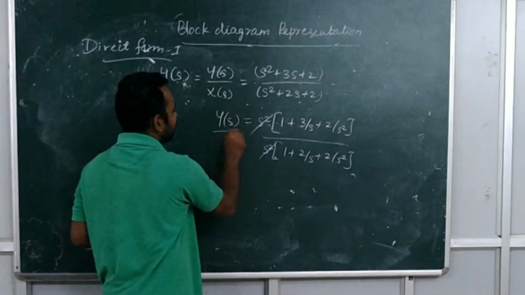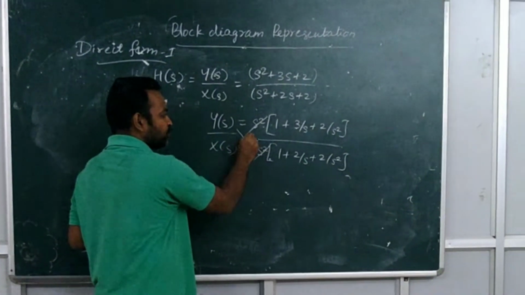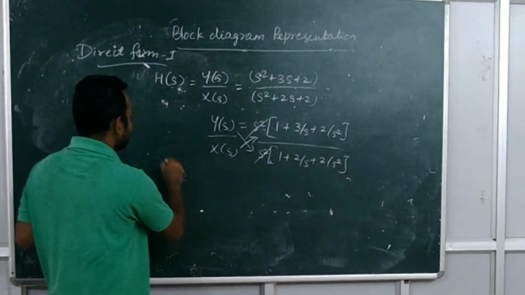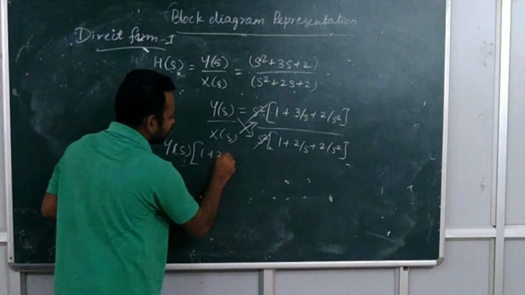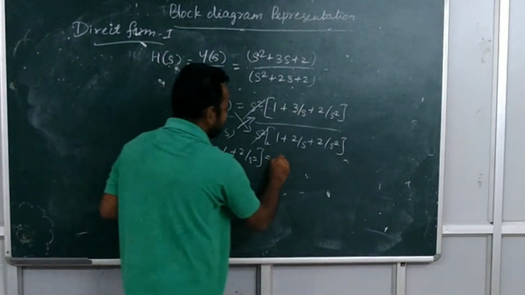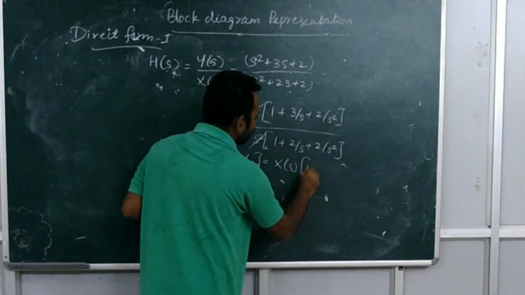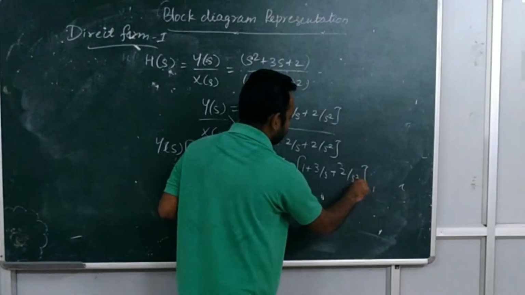On the left hand side you have y of s by x of s. Now we can do the cross multiplication. Therefore y of s into 1 plus 2 by s plus 2 by s square is equal to x of s into 1 plus 3 by s plus 2 by s square.